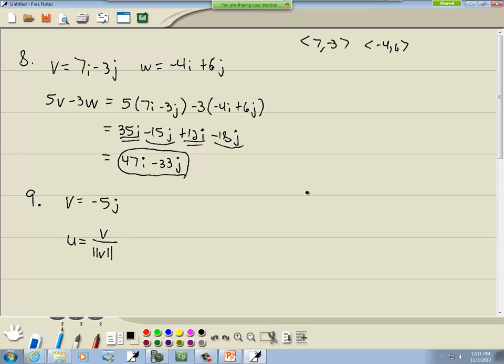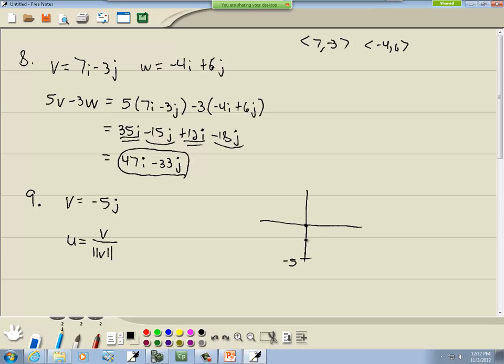Well, what are we finding here? Negative 5j. I is along here, and j is along here. So negative 5 would be down right there.